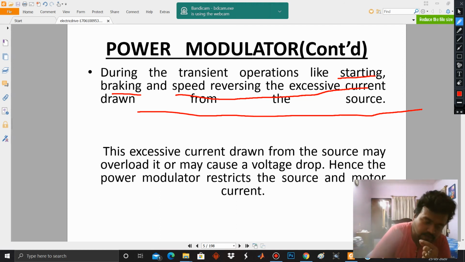If it gets overloaded and the overloading reaches a certain level, what will happen? It will damage the motor, which is not desirable at all. Hence the power modulator restricts the source and the motor current.